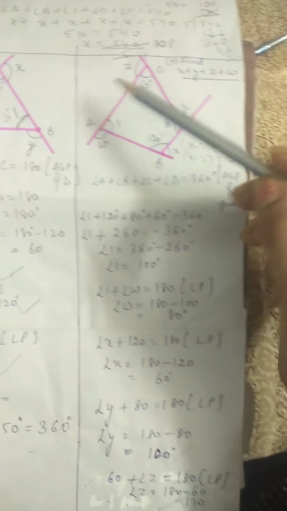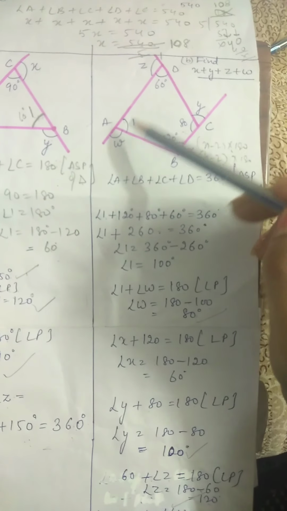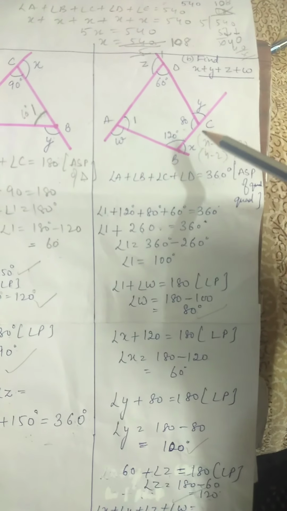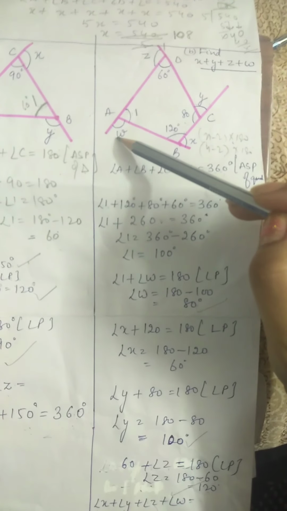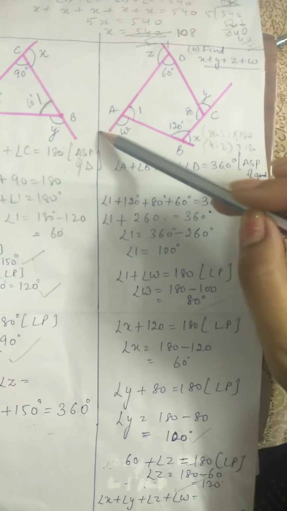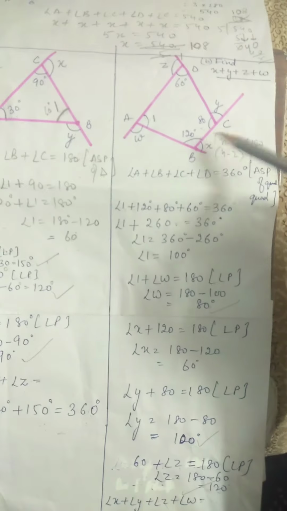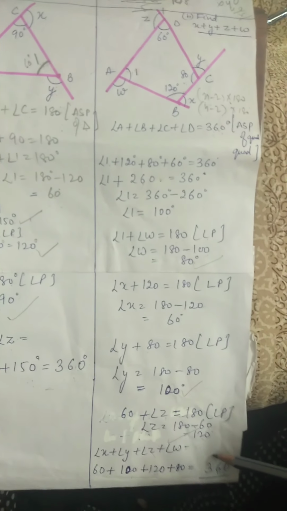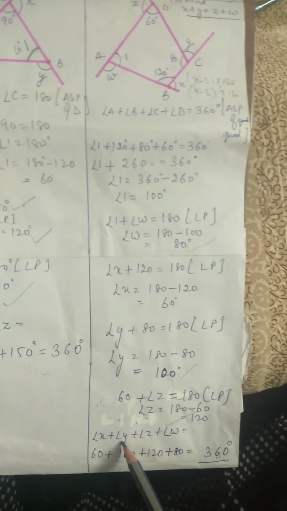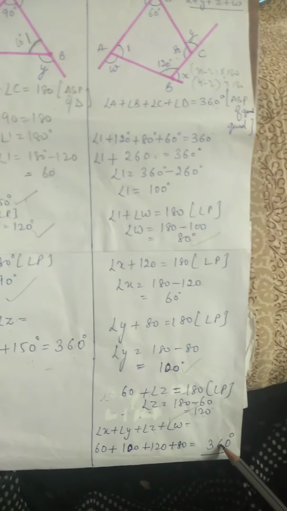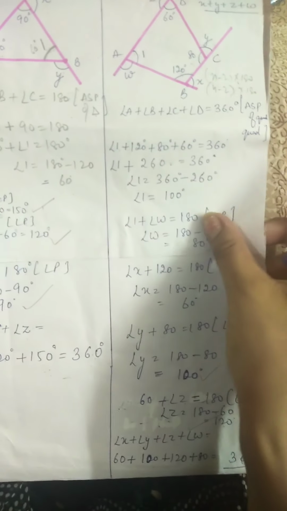Similarly, the sum of exterior angles x, y, z and w in a quadrilateral is also 360 degrees, as angle x plus y plus z plus w is 360 degrees.